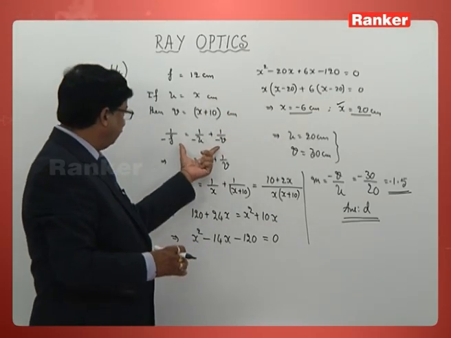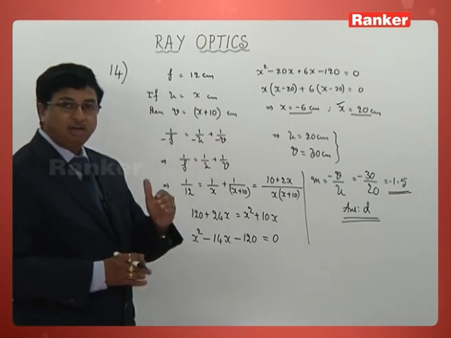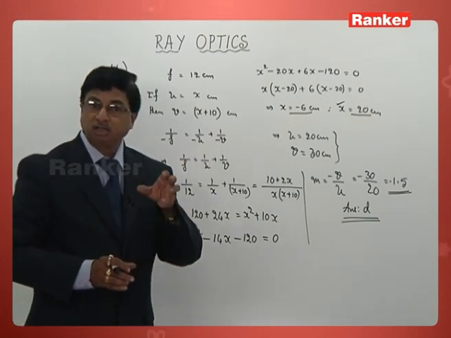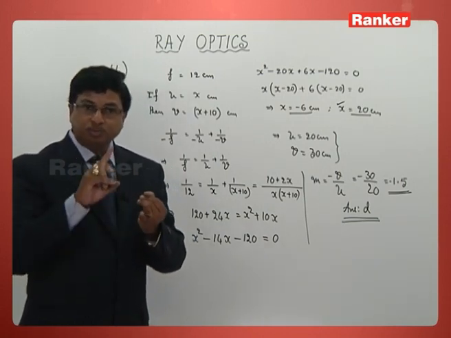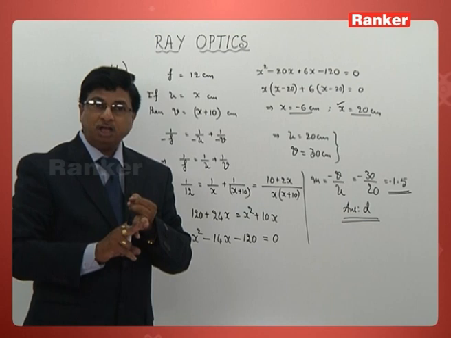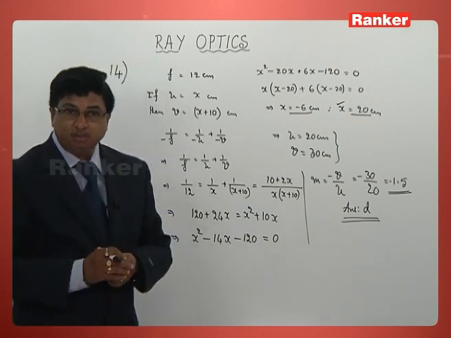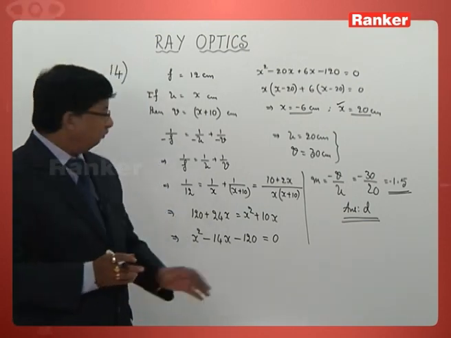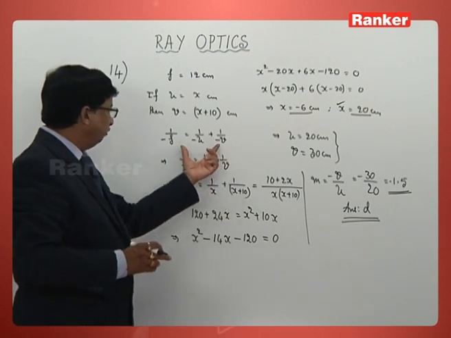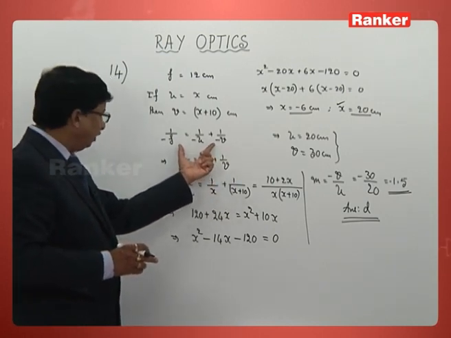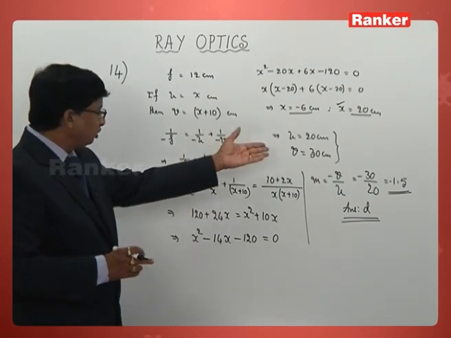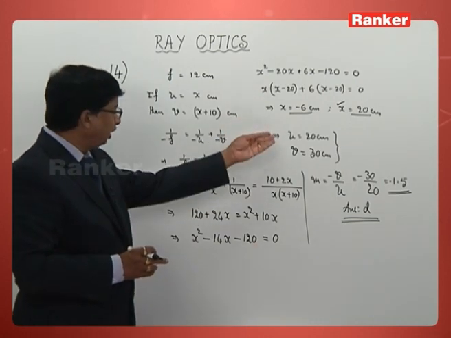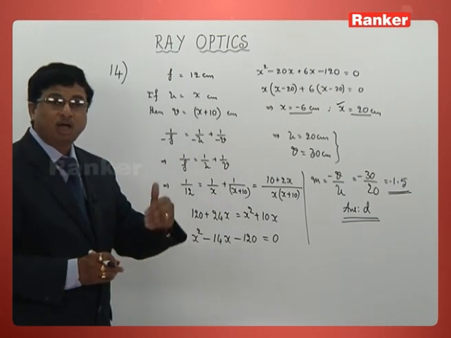Once again, in this particular case, according to the convention, for a concave mirror, focal length will be taken negative, object distance will be taken negative, and even image distance also will be taken with a negative sign. So this is what we have to write according to the convention, and the same equation can now be rewritten this way, from which I have calculated x and therefrom the values of u and v.